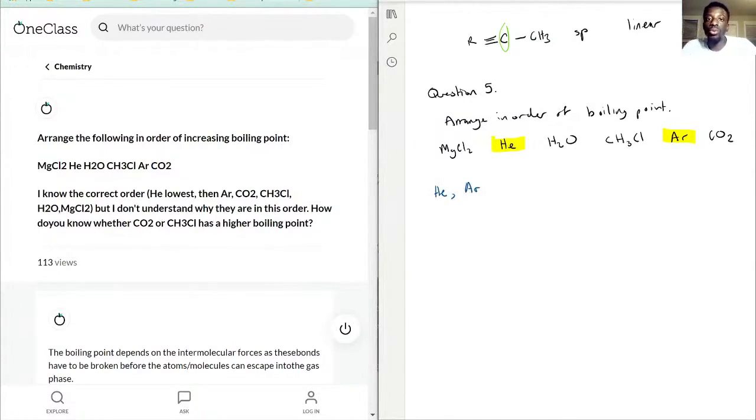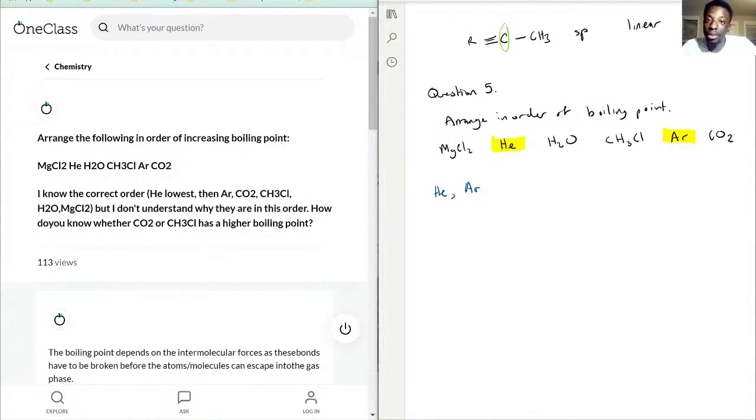Now you want to do the next parts based on, if you remember, your London dispersion forces and your covalent bonds and then your hydrogen bonds. That's what you want to focus on next. And ionic bonds, that's the last one before I forget.